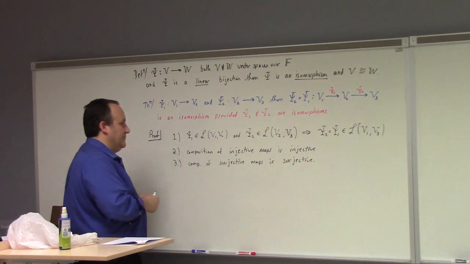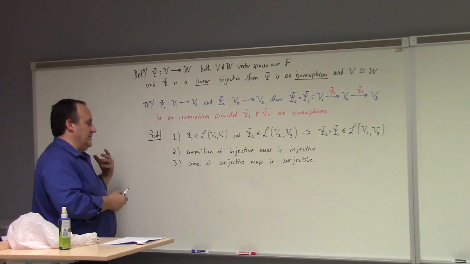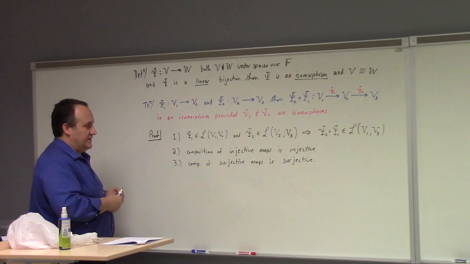I mean, we could give a more detailed proof. You could look at another way we could do number 2, just to be more linear algebraic in the argumentation.